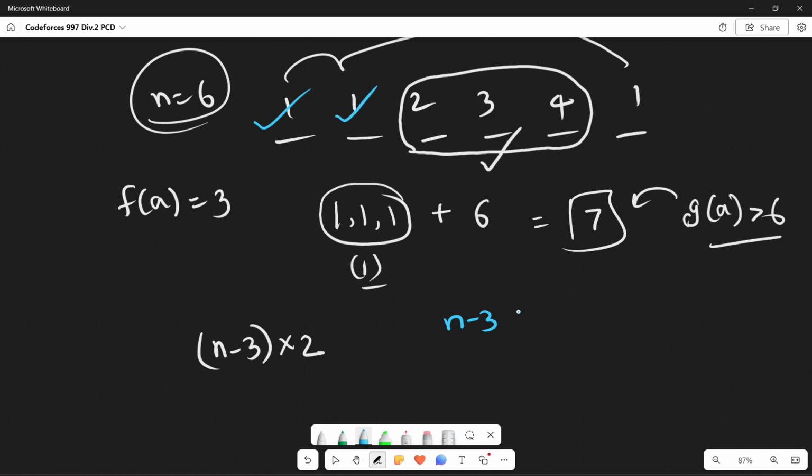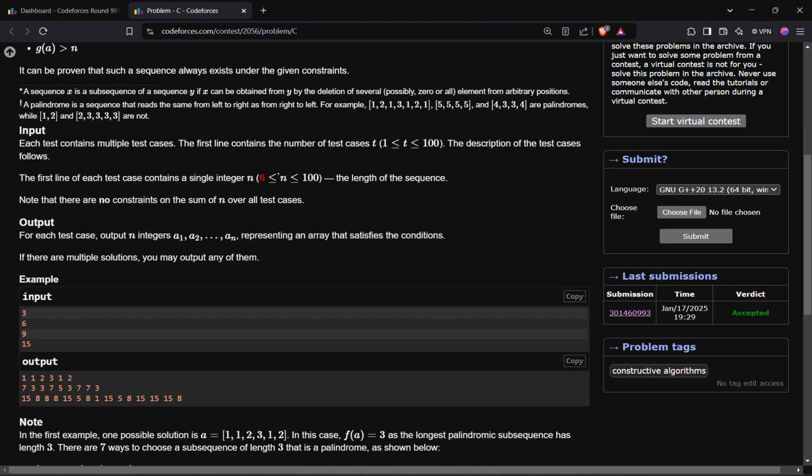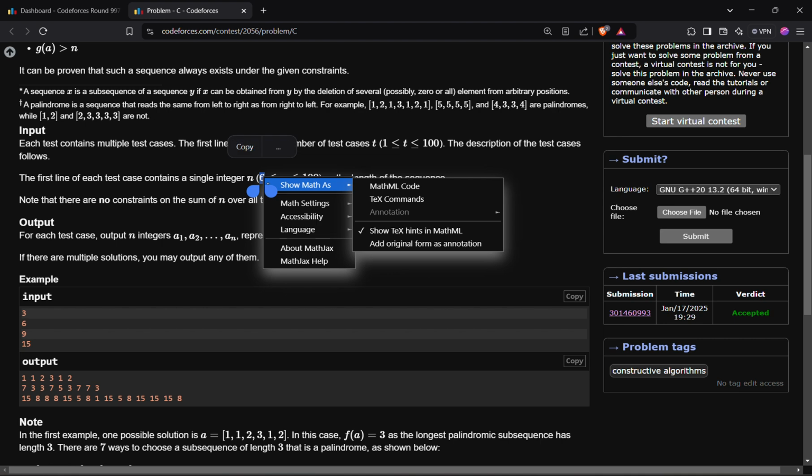For this one there will be n minus 3 such subsequences, so that's why n minus 3 into 2 plus one subsequence for these ones. Okay, makes sense? Yes, it absolutely does. So your ultimate answer is like 2n minus 5, right? So notice here that cleverly they started n from 6.